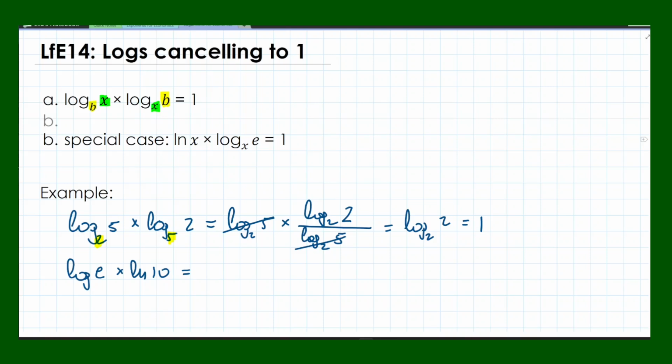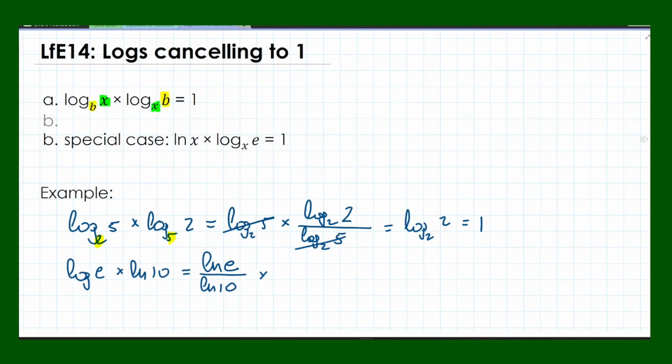So what are we going to do? Well, we're going to have to make both terms of the multiplication have the same base. And because this is a video about economics, we're going to choose ln to be the common base. So we're going to rewrite log e in terms of ln. It's going to be ln of e over ln of 10. Remember, e is the argument and the base is 10 in the original log e.